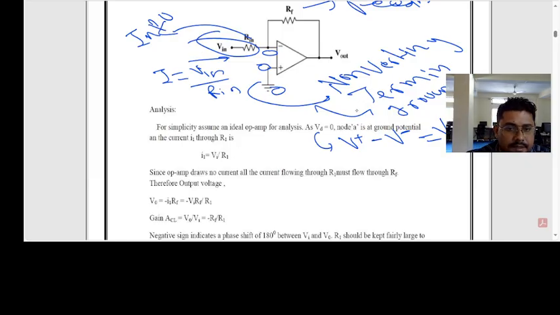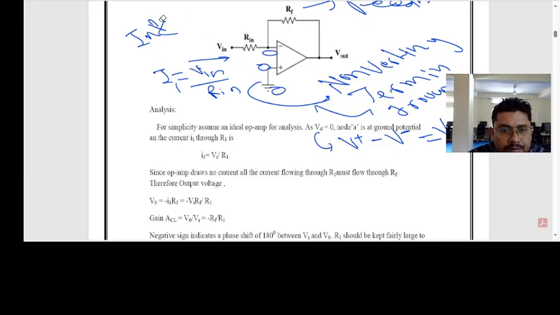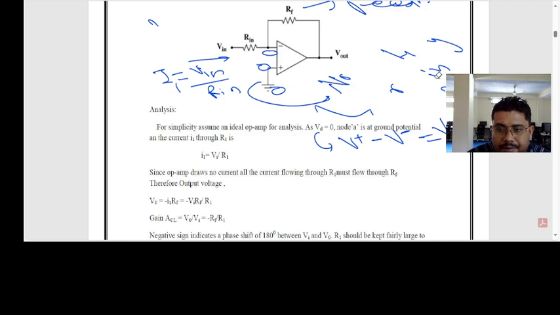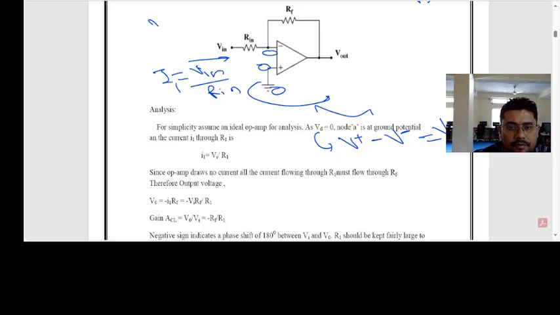We can say this is I1, because there is no current flow inside the op-amp.